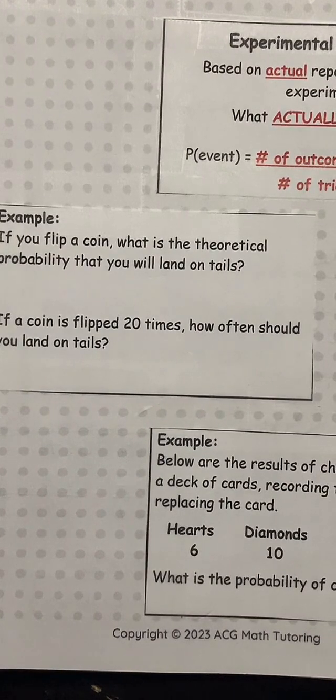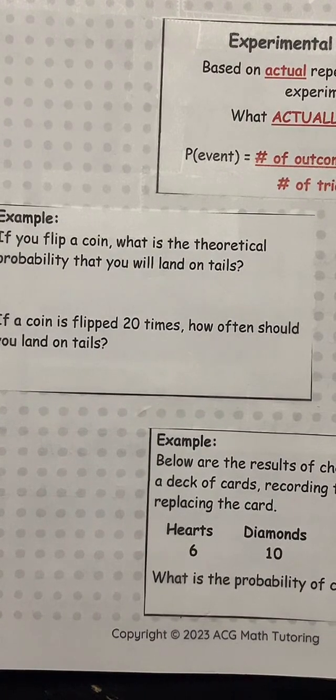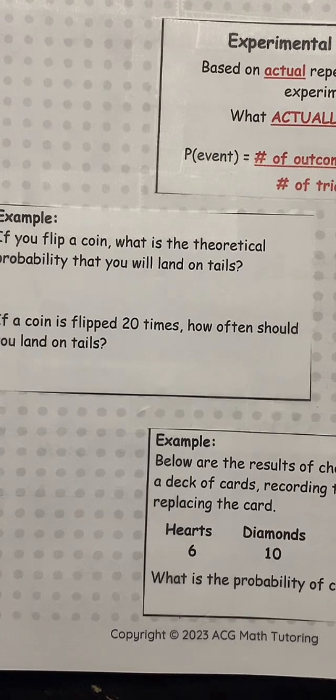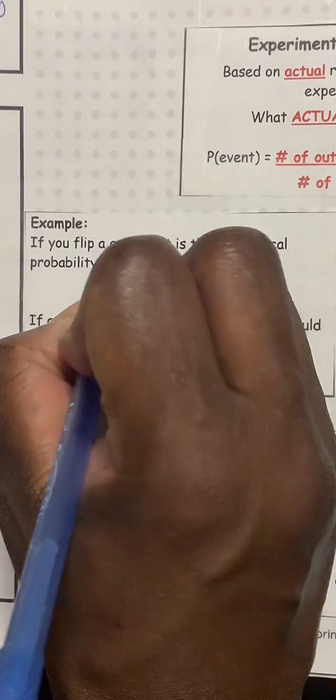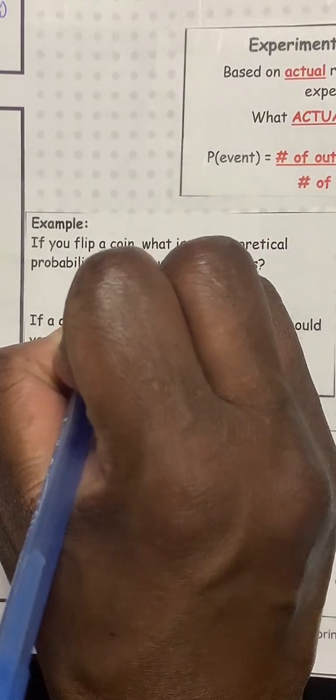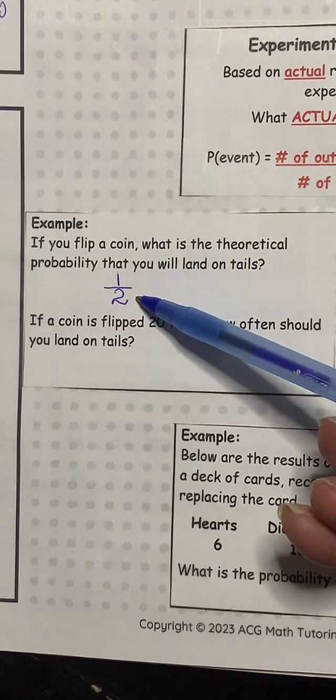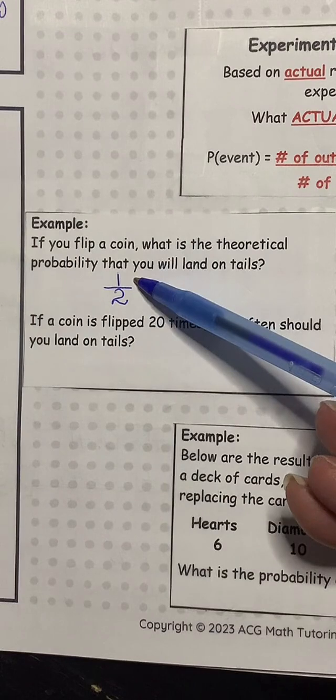Do we agree or do we disagree? Pog said 1/2. Izzy says 1/2. Okay, anyone else? Because I do agree with the 1/2. You got two sides of the coin, and one of the sides is going to be tails, right?